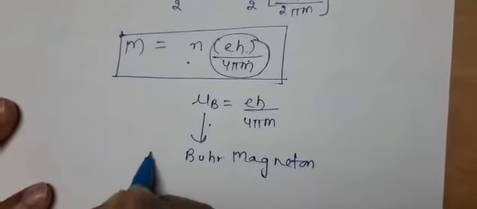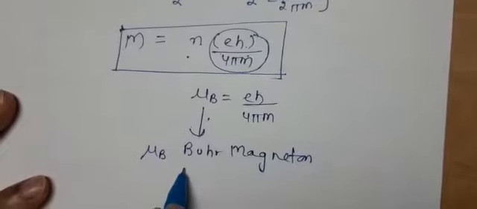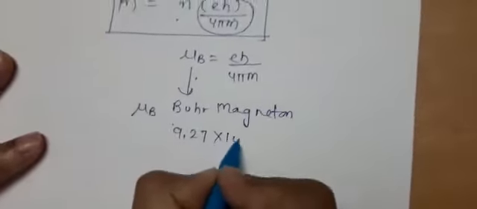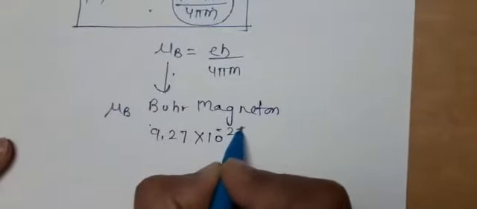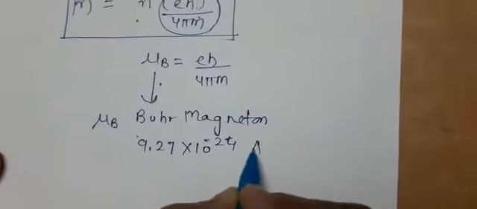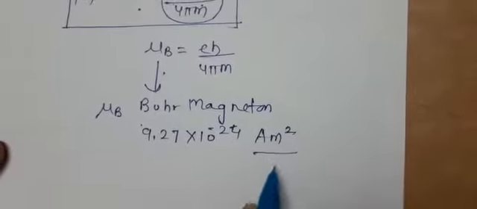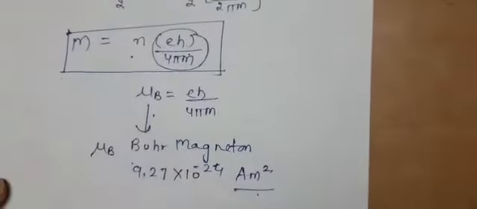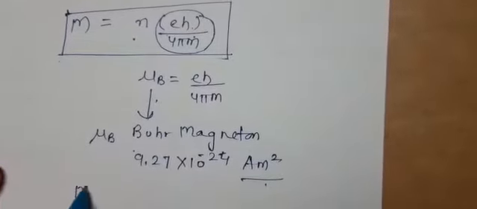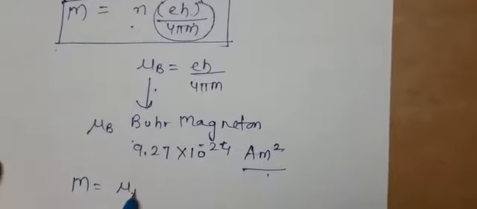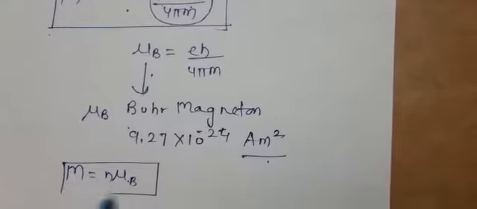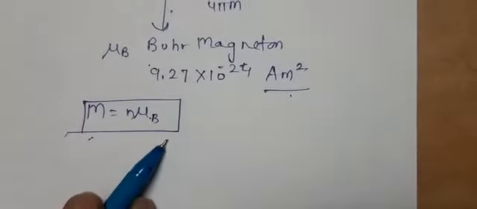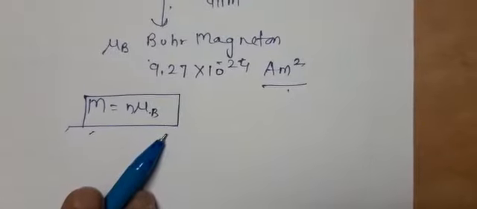This Bohr's magneton has the constant value 9.27 times 10 raised to the power minus 24 ampere meter square. This has the same unit as that of magnetic moment because n is simply an integer. So m is mu B into n, that is, the magnetic moment expressed in terms of Bohr magneton.